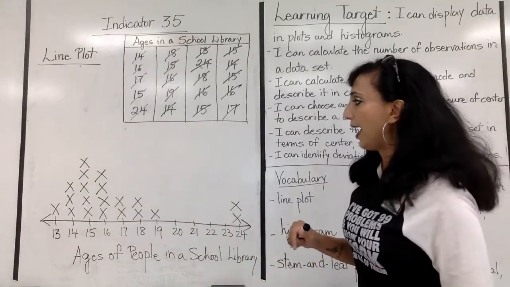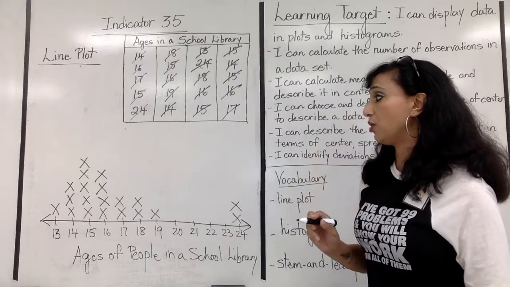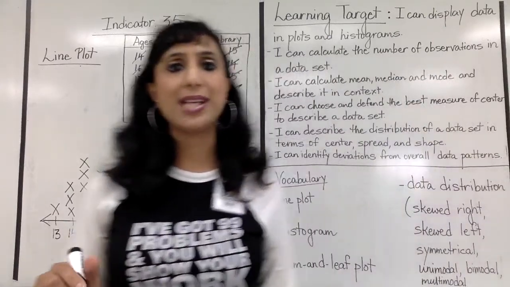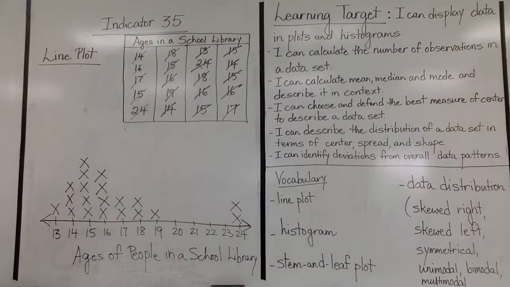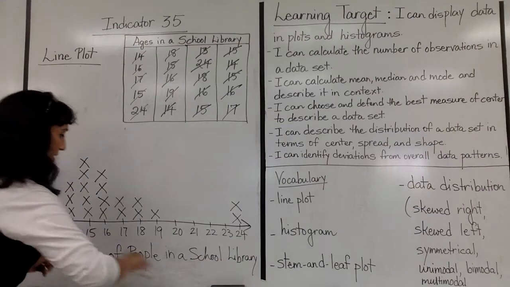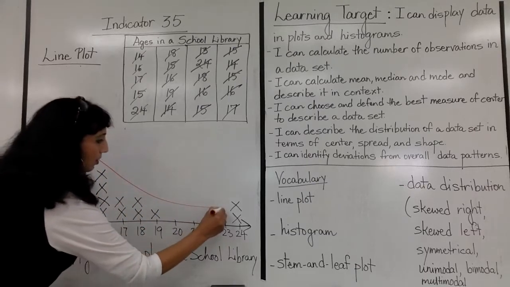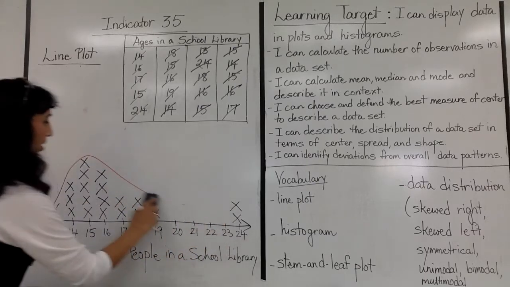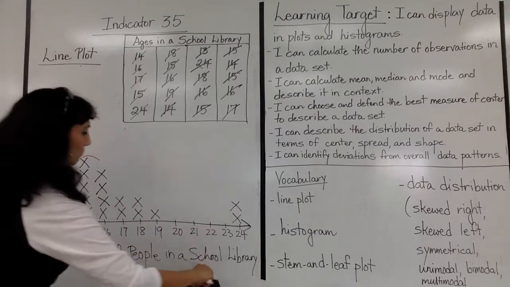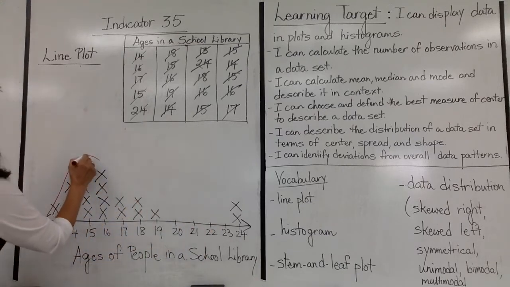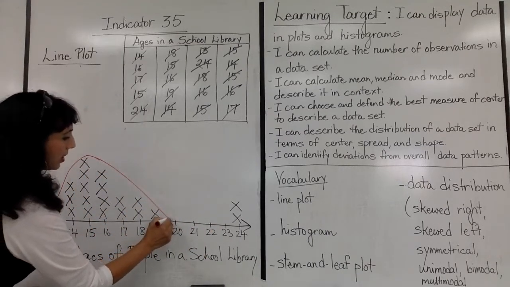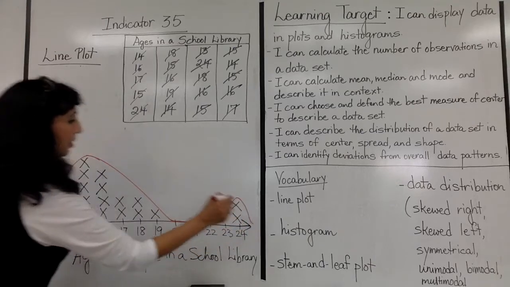Okay. And so if I ask you for the distribution of data over here, as I can see, it is skewed right. Okay. Because look, it's going like this, and then it goes up again.